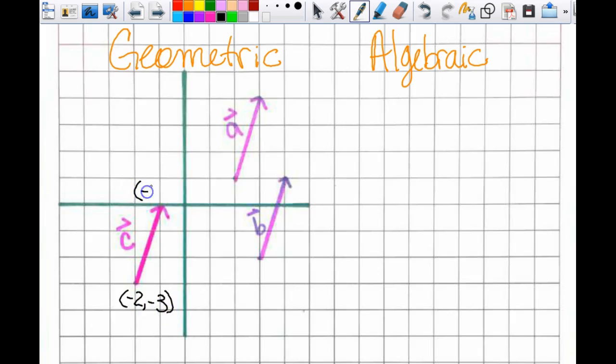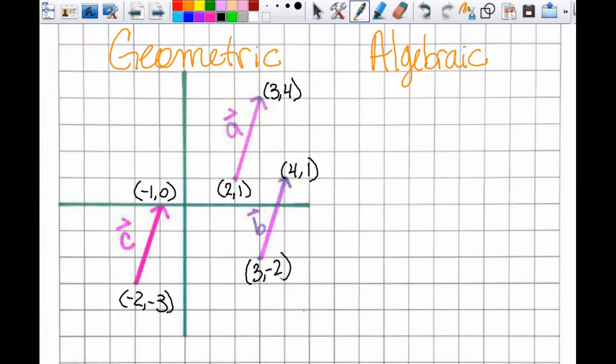This one is at -1, 0. This is at 2, 1. I'm assuming that you can actually find these on your own. That's why I'm just giving them to you. 3, 4. I just didn't write them on there. But I did draw the vectors just to save us some time. Okay. So those are the ordered pairs, the coordinate points that you would actually go and plot, right?